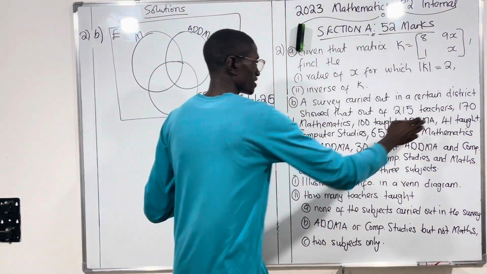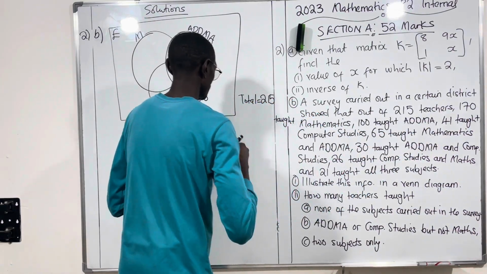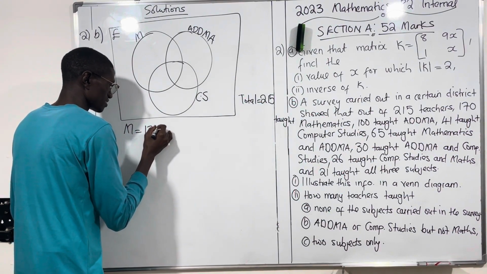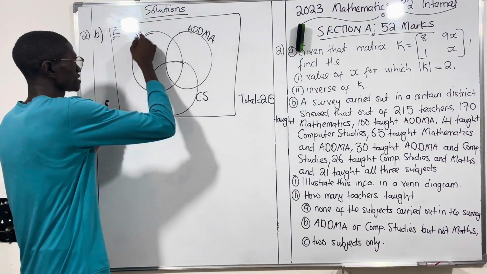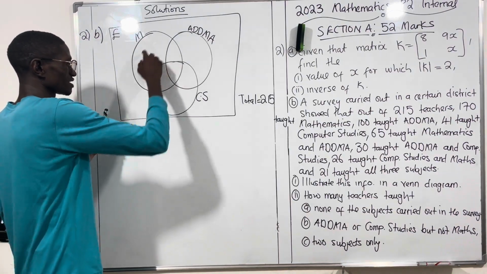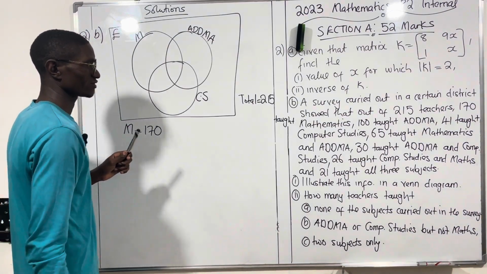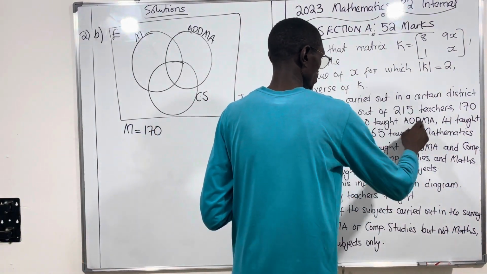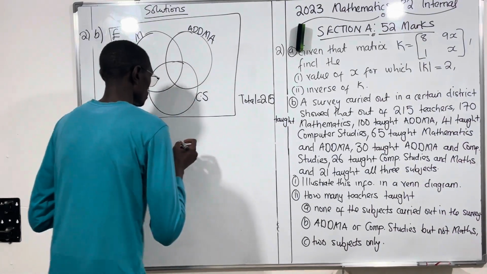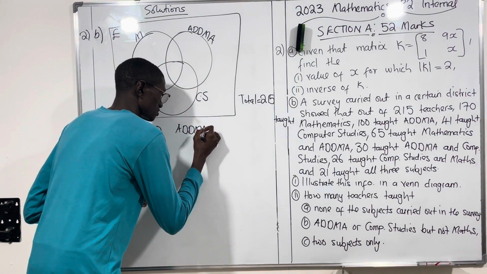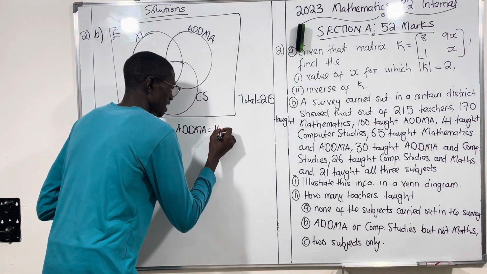So I'm told 170 taught mathematics. So math is equal to 170. The set for mathematics, this whole set, when we are done plugging in the values, when we add everything, we should get 170. We come to the second one, 100 taught additional mathematics. So ADMA, the set for additional mathematics, should give us 100.